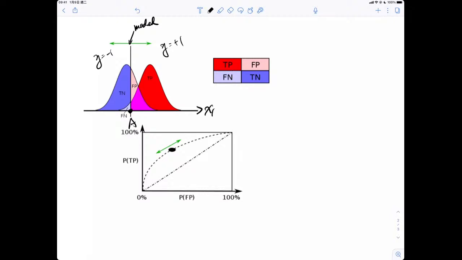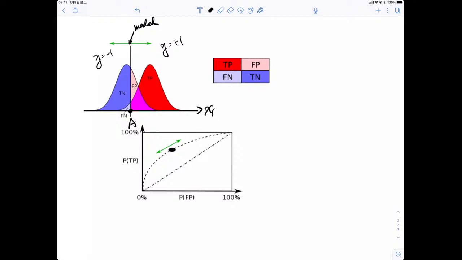So the blue parts are all correct, true negative. On the contrary, at the right hand side, the red parts are data points labeled as y equals +1, and your model, the black line, says they are all larger than a, x1 larger than a, so they are true positive.